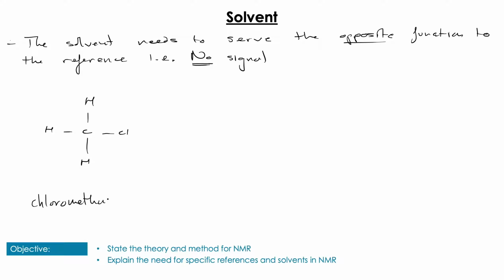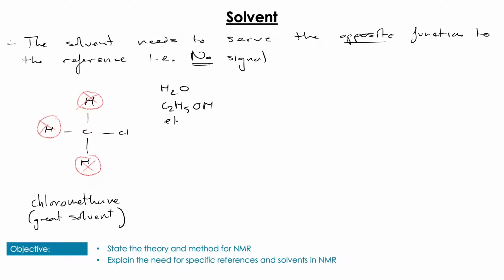Take chloromethane, for example. Here we have 3 hydrogens. All of those hydrogens will be NMR active. It's a great solvent, but it's not so great if we don't want it to come up as a signal. And we run into the same problems with most other common solvents. Water, ethanol, all of these contain hydrogens which are NMR active.